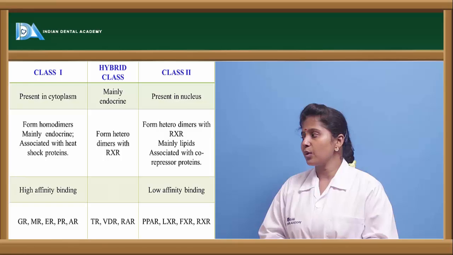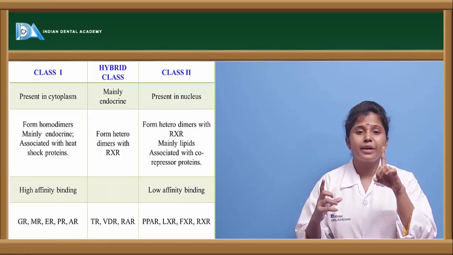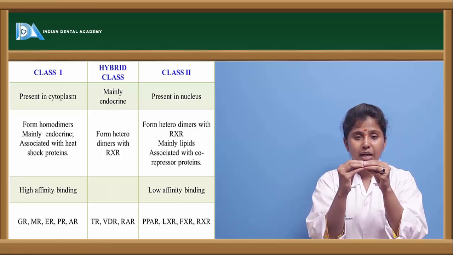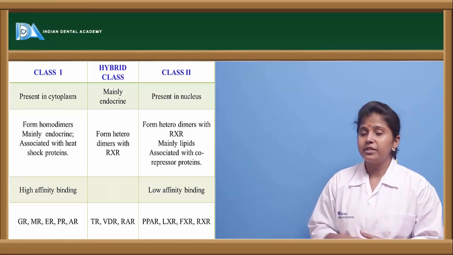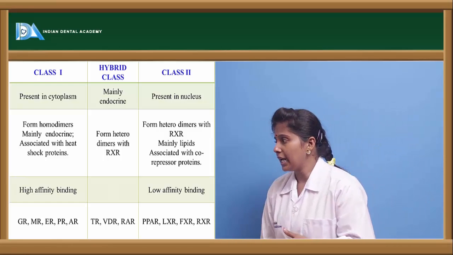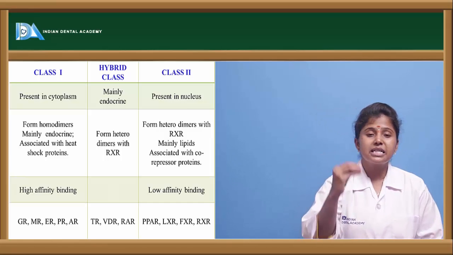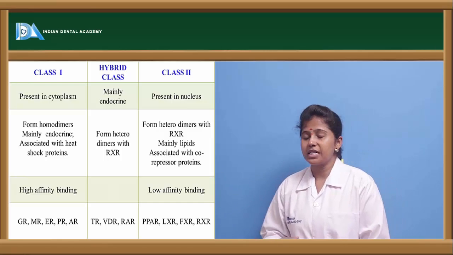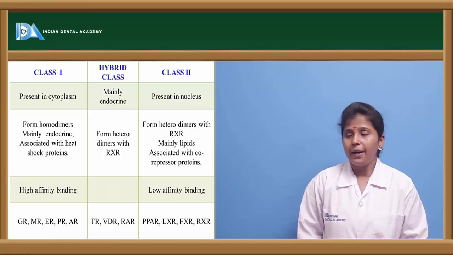Class 1 forms homodimers, in the sense that two molecules combine to form a dimer. Hybrid class forms heterodimers, so different dimers are formed. In class 2, here also they form different dimers, but here the lipids are the mediators. Class 1 has high affinity binding, and class 2 has low affinity binding.